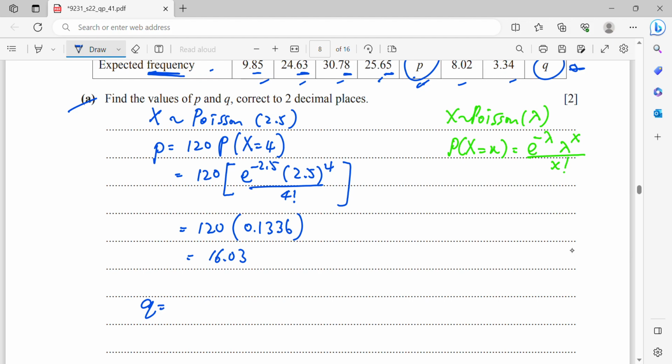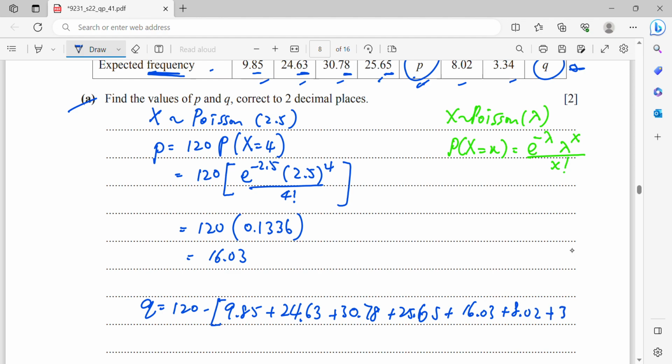So Q equals 120 minus the total of the expected frequencies: 9.85 plus 24.63 plus 30.78 plus 25.65, then the P we have just counted, 16.03, plus 8.02 plus 3.34. When you count this value, it will be 1.7. So this is the solution for A.